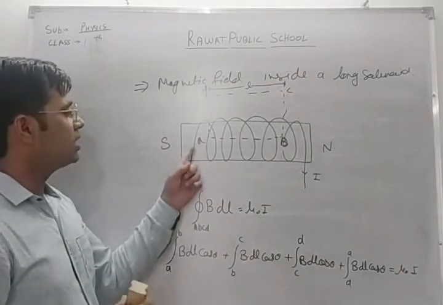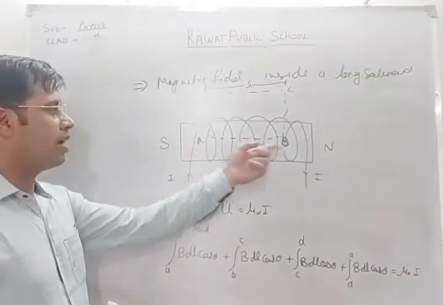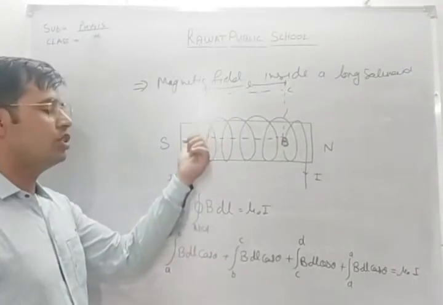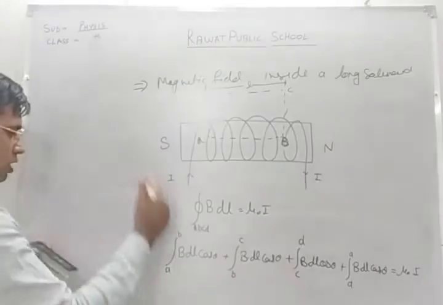Now here you can see AB is parallel, that is making angle 0 degree with this solenoid or this magnetic field.